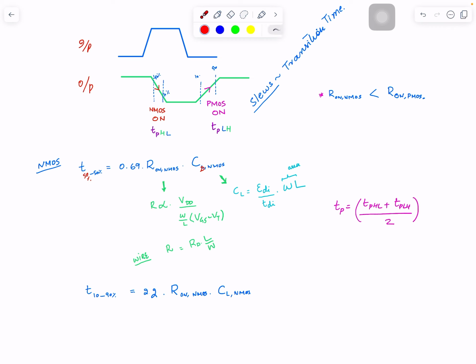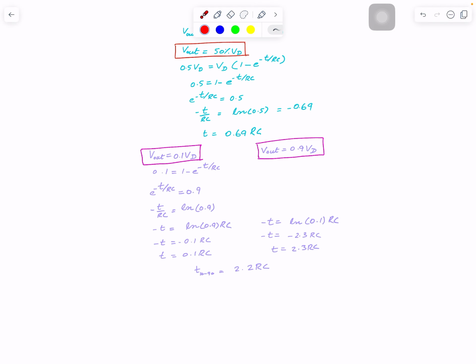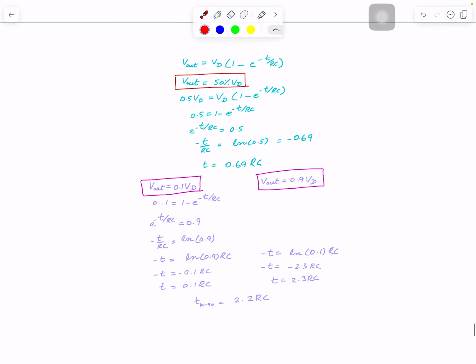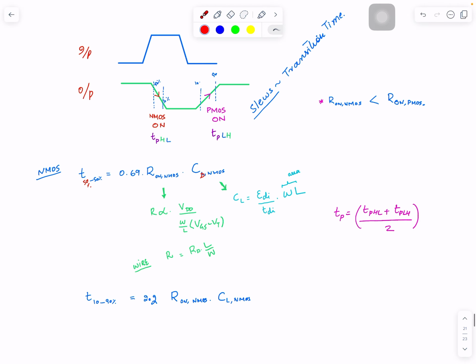How did I come up with that? When you calculate for Vout to be 10% of VDD, you come up with 0.1 RC. When Vout is 90% of VDD, you get about 2.3 RC. You subtract them and you come up with 2.2 RC. You can take a snapshot of this. All right, so that is that 2.2.